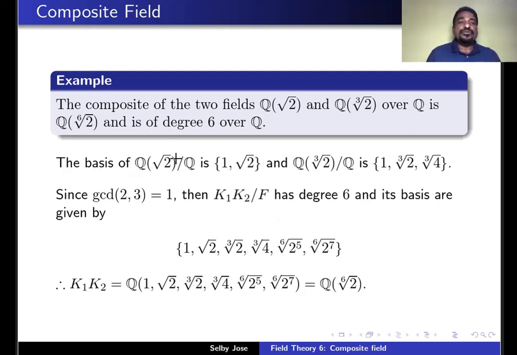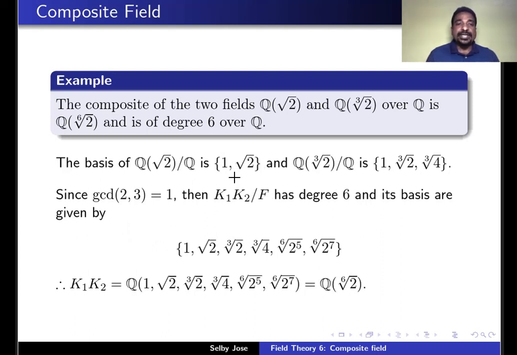The basis of Q(root 2) over Q is 1, root 2, and the basis of Q(cube root of 2) over Q is 1, cube root of 2, and cube root of 2 squared. Because in the previous question we have seen that the GCD of the degrees 2 and 3 is equal to 1, we get that the degree of K1K2 over F is 6, and its basis is the product of these two.